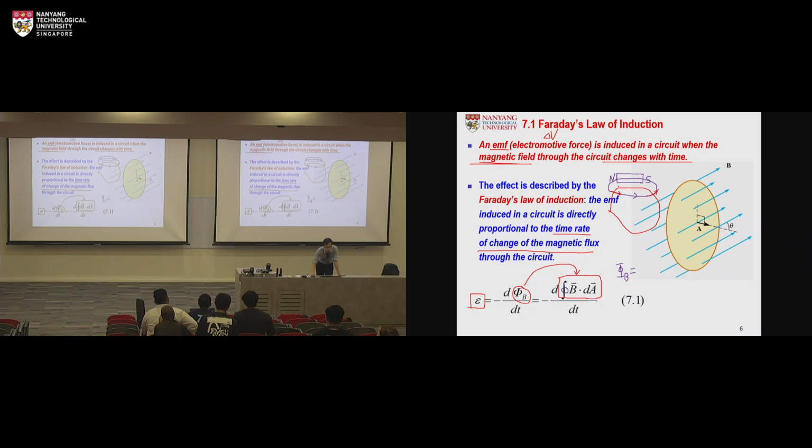So that is why for any closed surface, the same magnetic field line first enters and then leaves the surface. That is to say the net number of magnetic field lines penetrating through the closed surface must always be 0. And the meaning of net magnetic field lines penetrating through the surface is the magnetic flux. So that is why for the magnetic field you always have this.